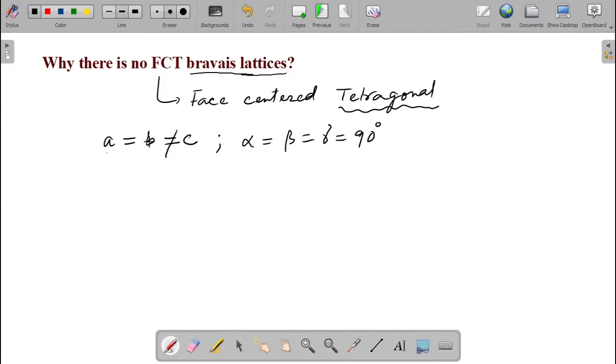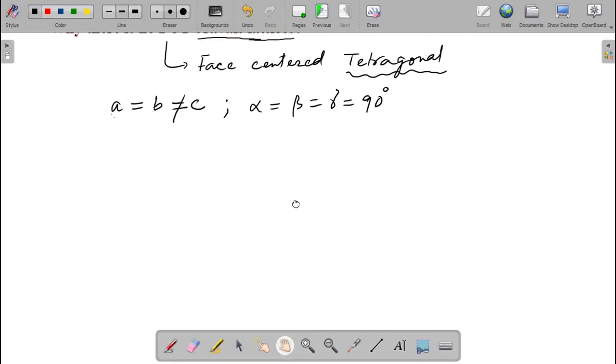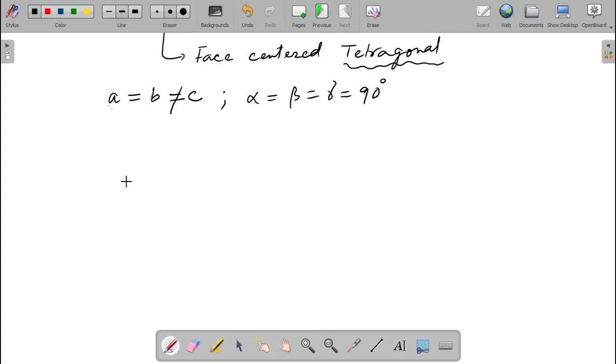So these vectors A, B, C will be orthogonal to each other, meaning 90 degrees with each other, but the length of the A and B vectors will be the same, while the C vector will be different. This video might get a little longer, but it is interesting. So let's first see what a face-centered tetragonal is.